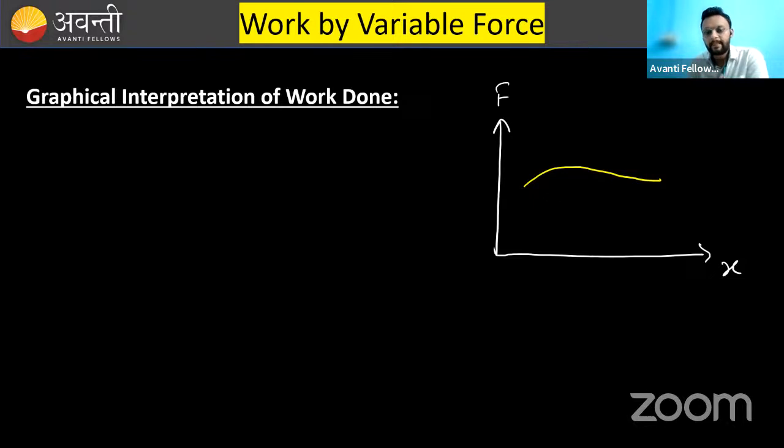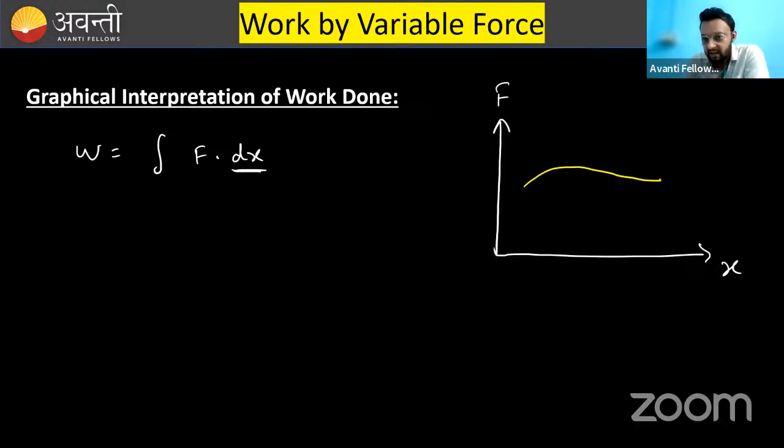Then what I am saying, we have learned that work done is integration F dot dx. Dx is what? Small displacement.